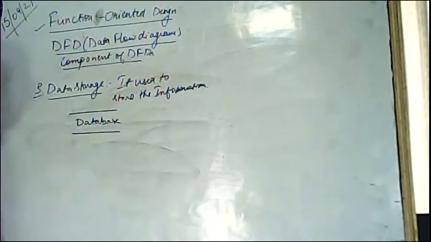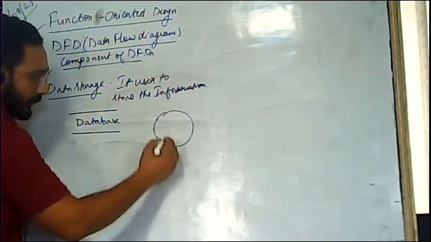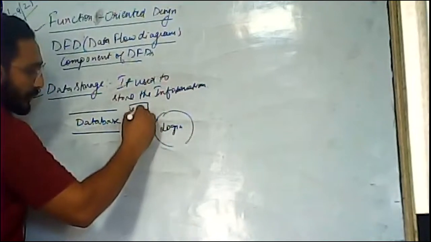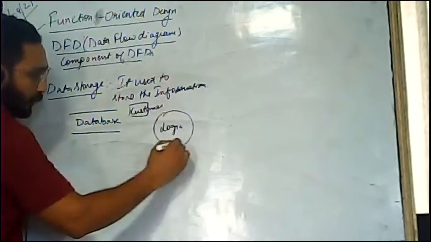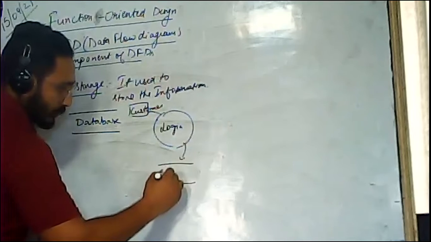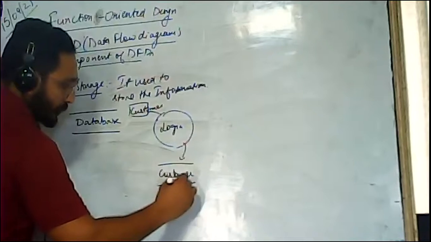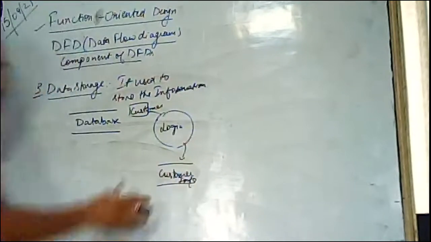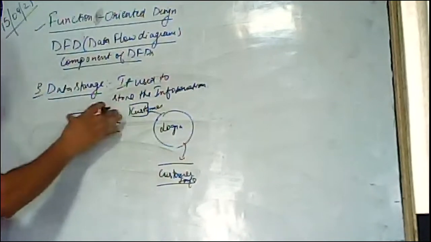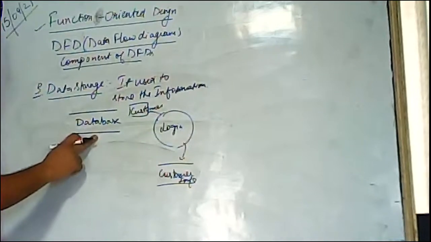If there is any information regarding a customer, like this is the login process for your customer entity, and we want to record the details of the customer, there should be a data store. So here customer information is required. So the data store symbol is your open rectangle, or your two parallel lines.